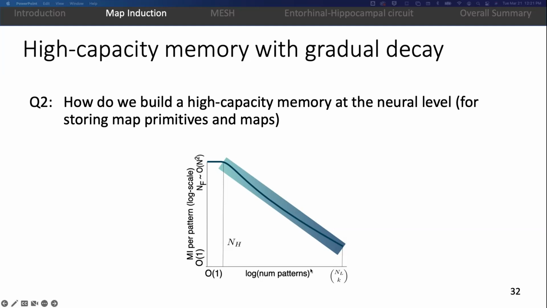This figure shows in a more numerical sense that as you increase the number of patterns, the information you recover per memory should degrade in a smooth fashion. In the next part of the talk, I'm going to talk about this memory model and show you how we can construct such a model that has this key property.